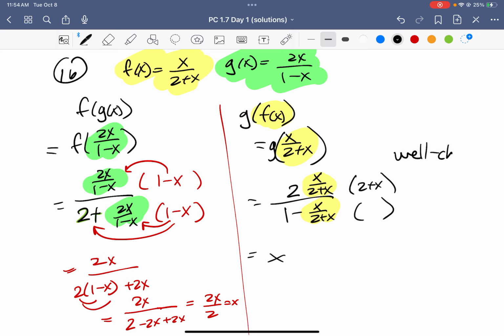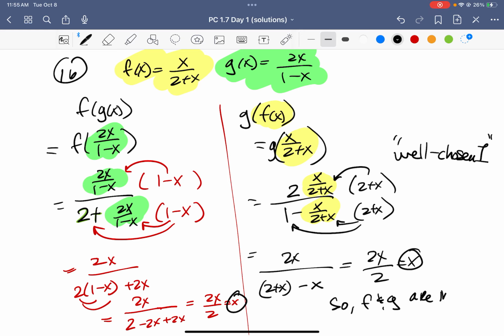Notice on the bottom, I end up getting 2, so the whole thing turns out to be x. So since they undid each other nicely, f and g are inverses. Yay. That's 16.